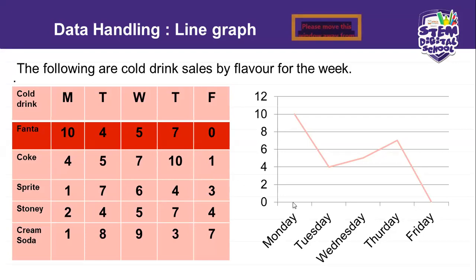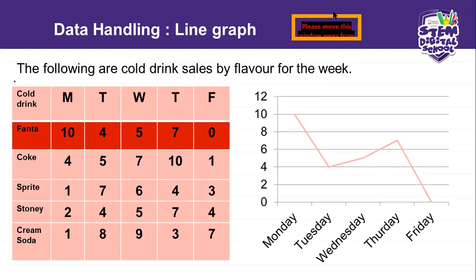So we go to Monday and we go up. It was not 2, it was not 4, it was not 6, it was not 8, 10. So where our day in the week meets with the number of sales, that's where we are going to have our point. So that's where we started. So that is our 10. So that is where our mark will be on the graph.